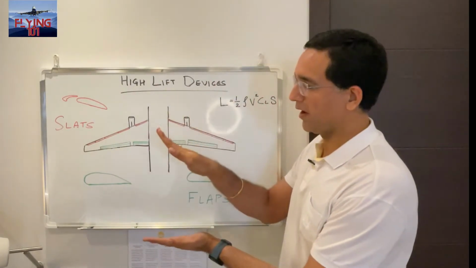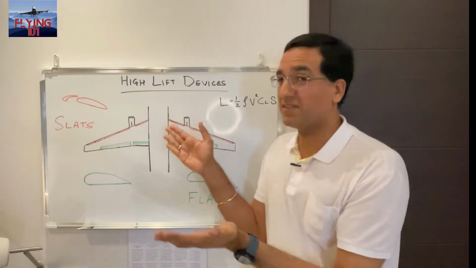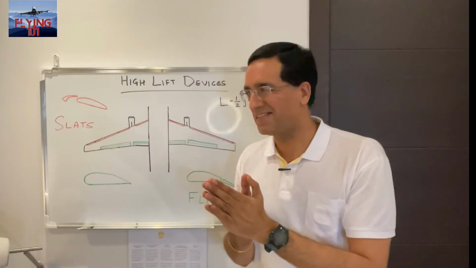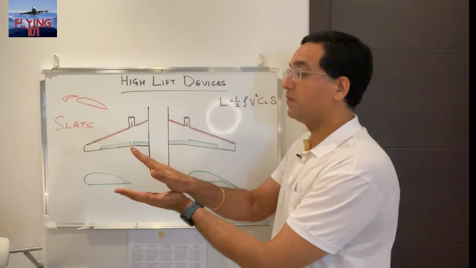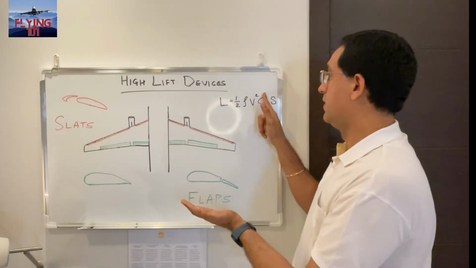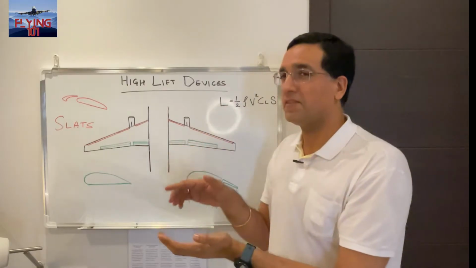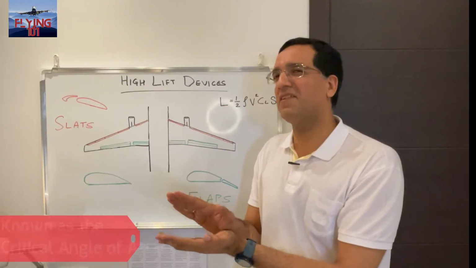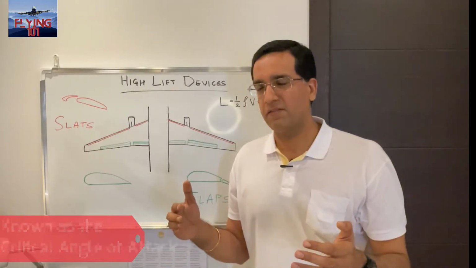So imagine this is a wing and this is a relative airflow. The angle between these two is exactly what the angle of attack is. And as this angle is progressively increased, it creates more coefficient of lift, which in turn gives us more lift. But this is only possible up to a certain angle of attack, after which a separation of the airflow occurs.